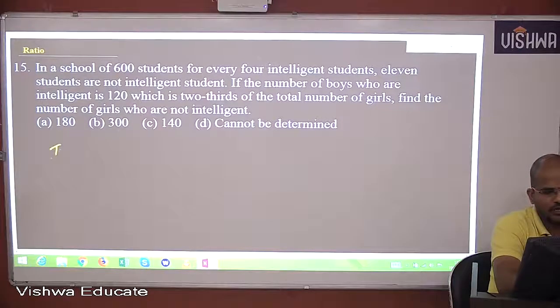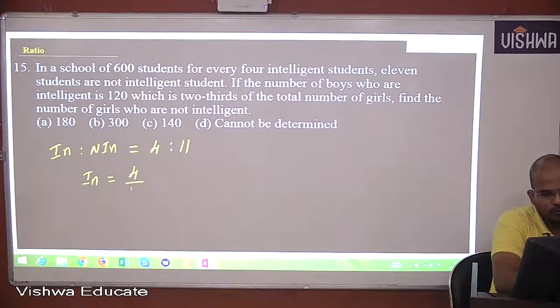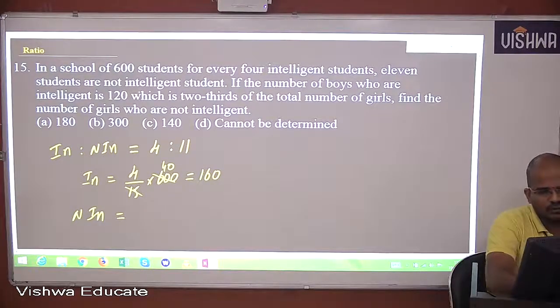So intelligent to not intelligent is 4 is to 11, which indicates intelligent are 4 by 15 into 600, 15 4s are 60, that would be 160. So not intelligent would be 600 minus 160, that would be 440.